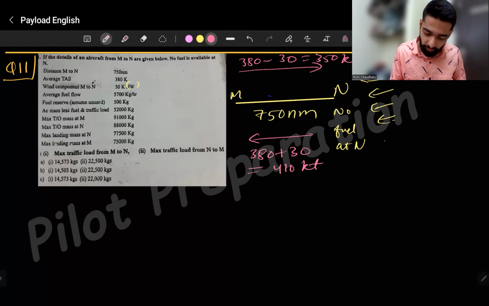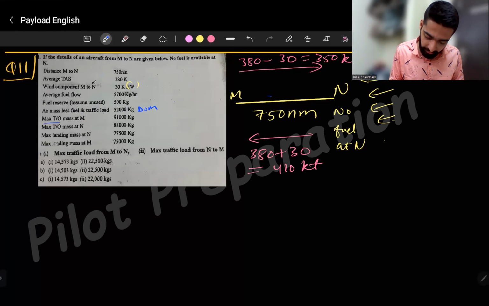We have reserve fuel as 500 kg. Aircraft mass less fuel and traffic load is 51000 kg. That means this is my DOM. This is my DOM again. This is my DOM. And this is my fuel reserve. So this is my reserve fuel.